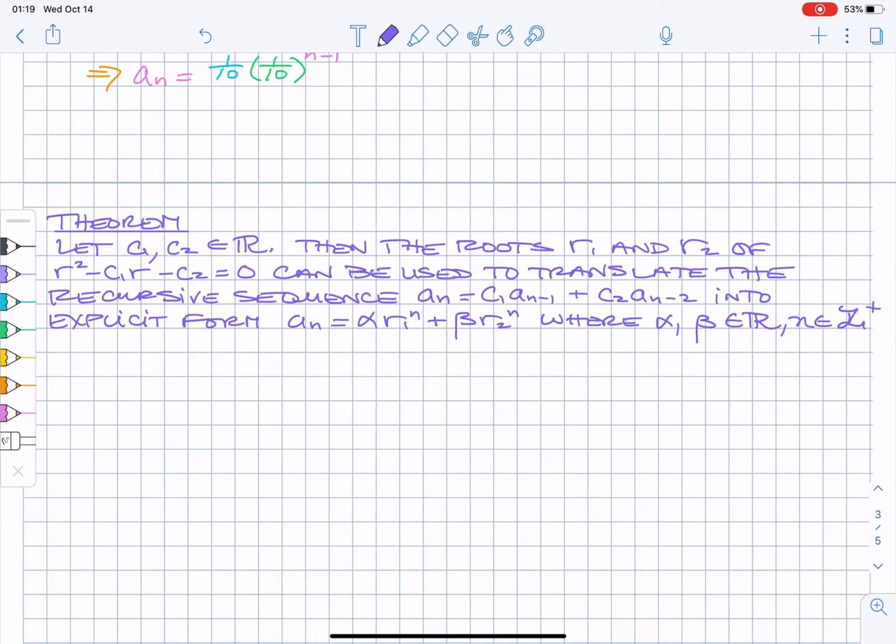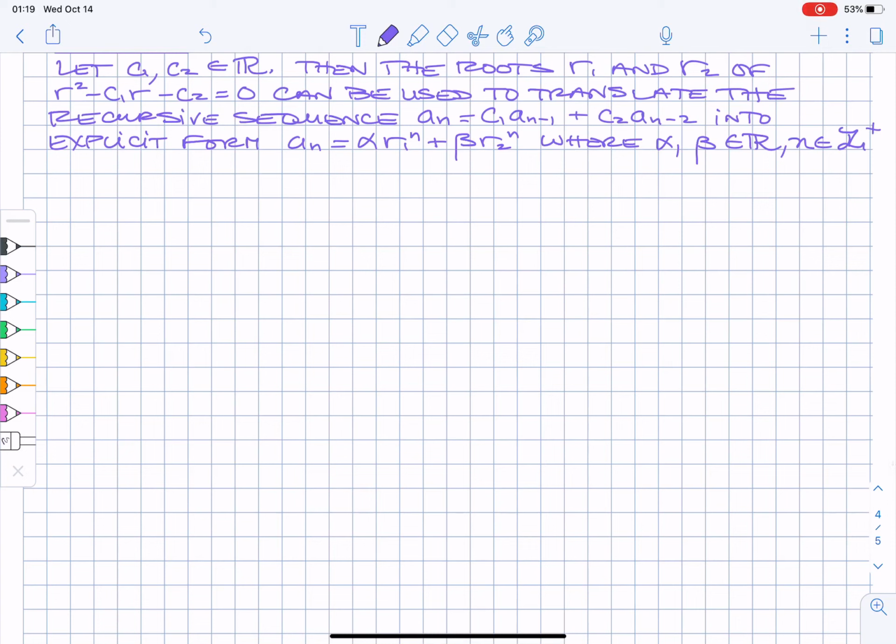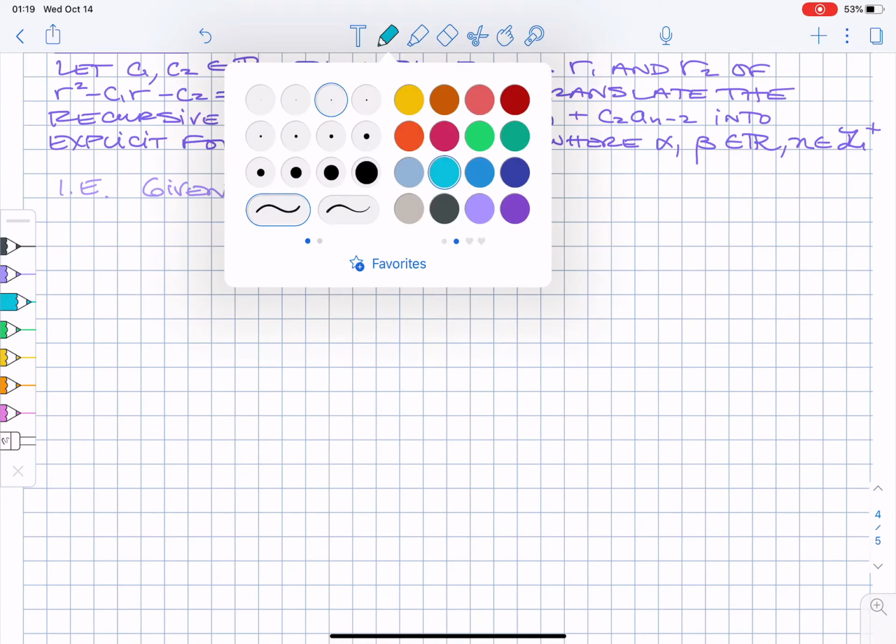Okay, so that is, i.e., given A sub n is equal to C1 A sub n minus 1 plus C2 A sub n minus 2. What color should I use?